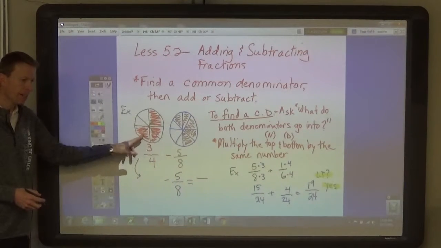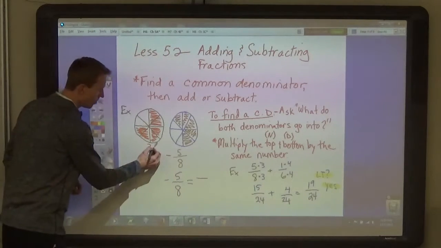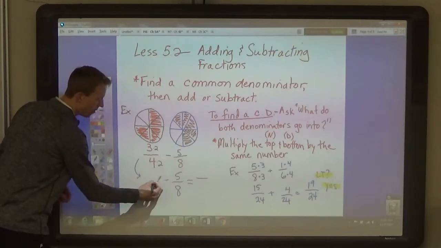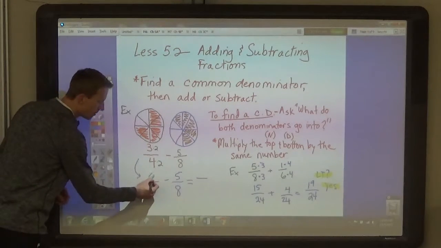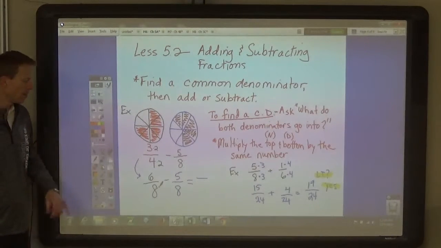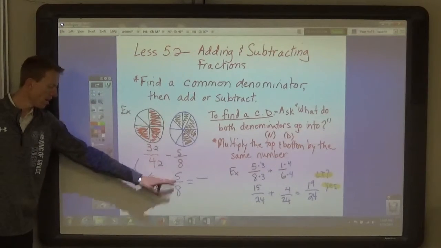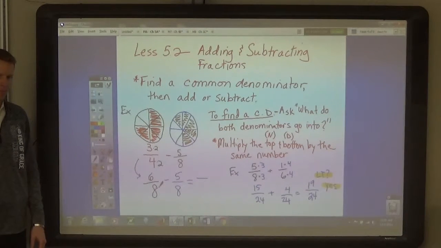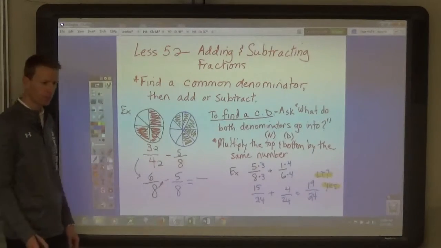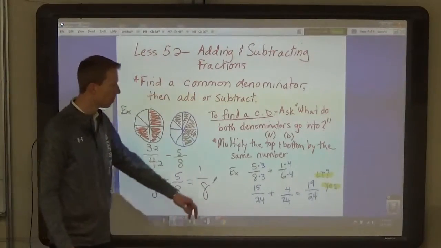So instead of 3, we cut them in 2, and so we have 6 8ths. Now we have the pieces the same size, and we can take them away. So 6 8ths minus 5 8ths is what, Jared? 1/8, right?